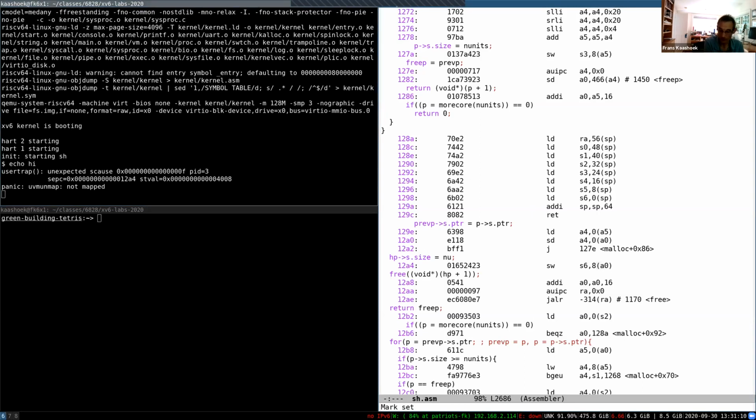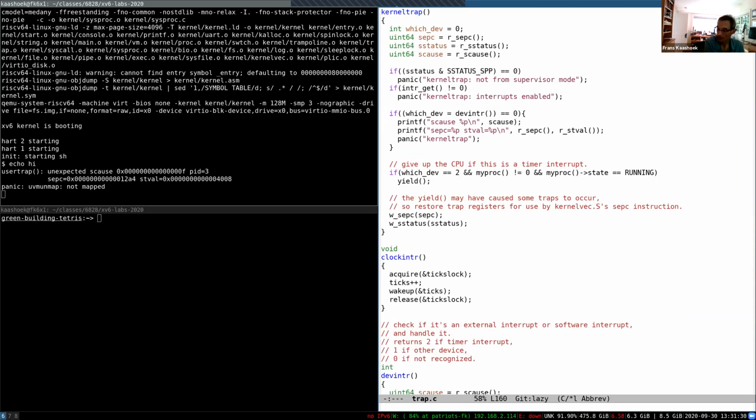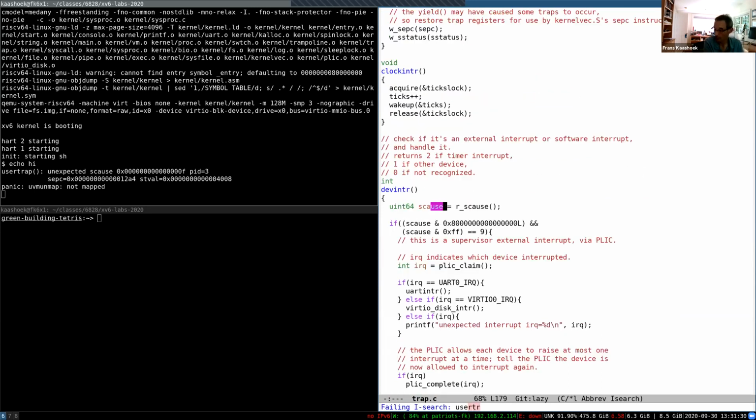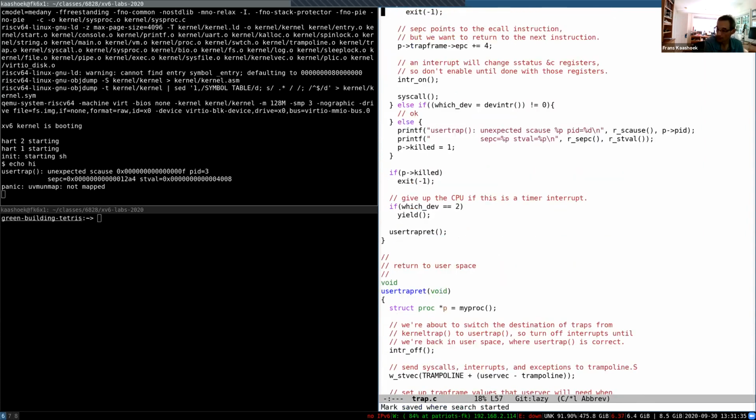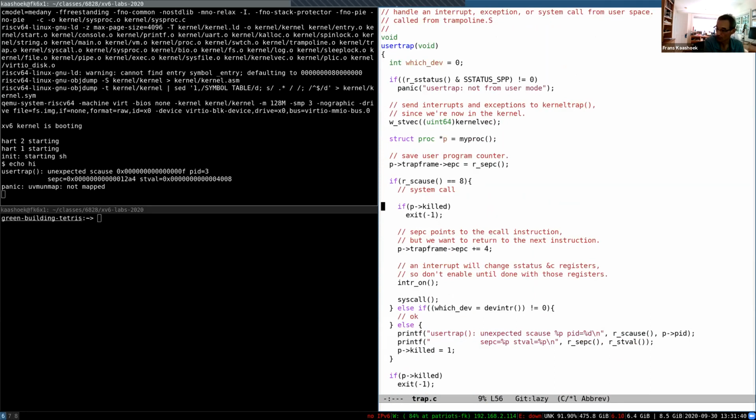And now what we'd like to do is something slightly more sophisticated than we're currently doing. So let's go to trap.c and look at usertrap, because this happens in usertrap. Usertrap is the function that Robert discussed a week ago, and it just goes through the different causes and performs some action.